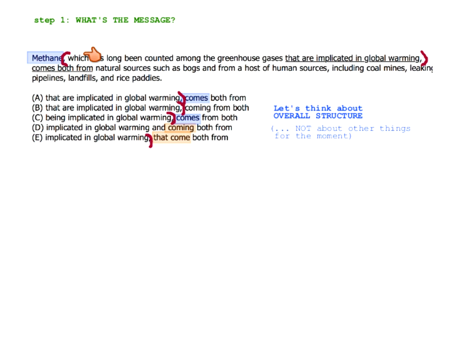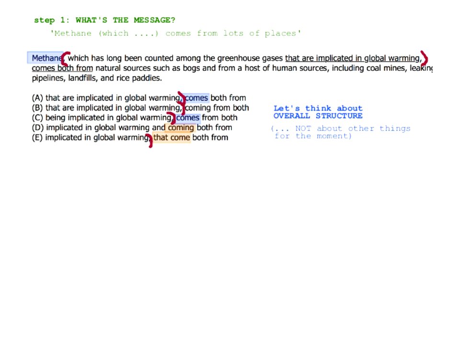But the point is methane, and then you notice this commentary here, and then the rest of the sentence is methane comes from a bunch of places. That's basically the message. Methane, and then if you think about that stuff about greenhouse gases, that's part of the message too, although it's kind of a side point. So methane, which blah, blah, blah, comes from lots of places is basically the deal. That's what's happening there.